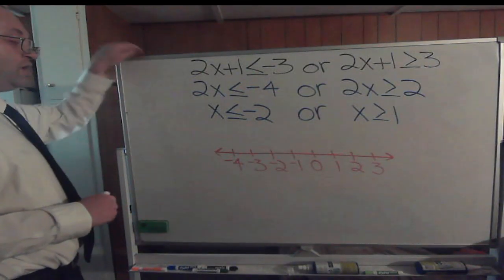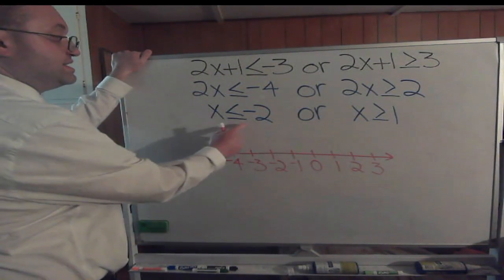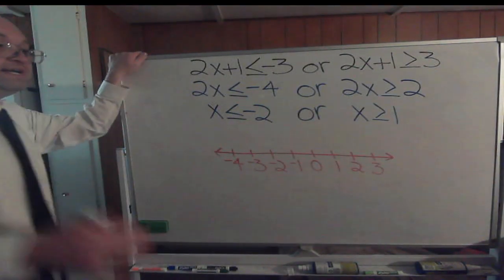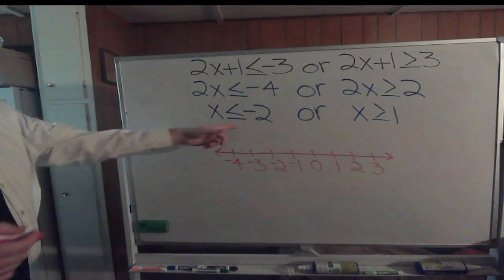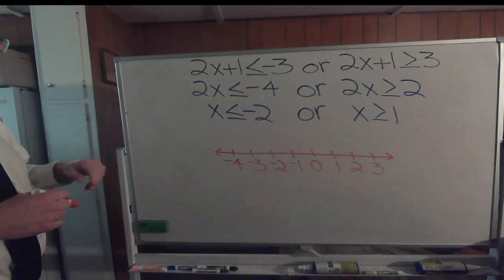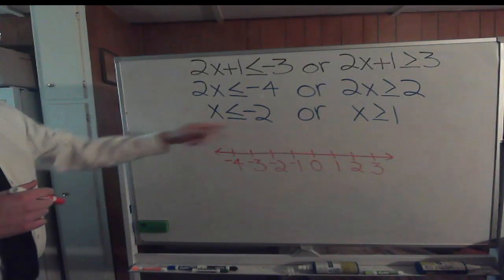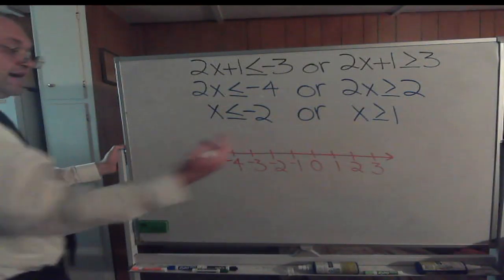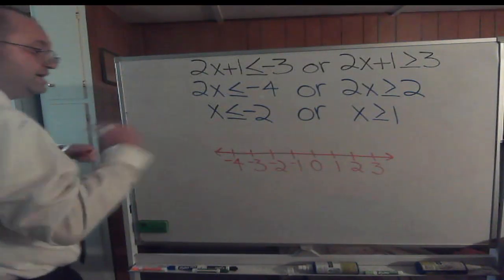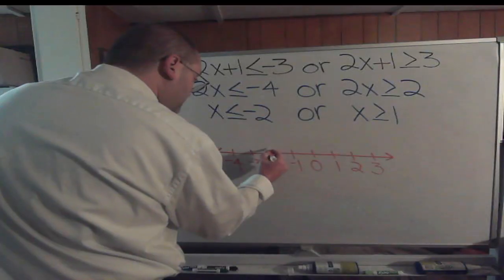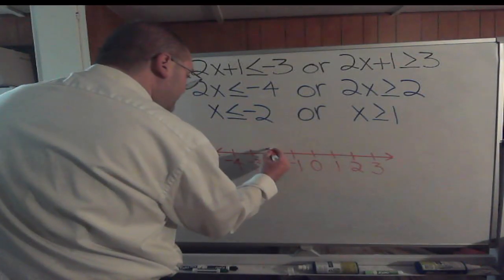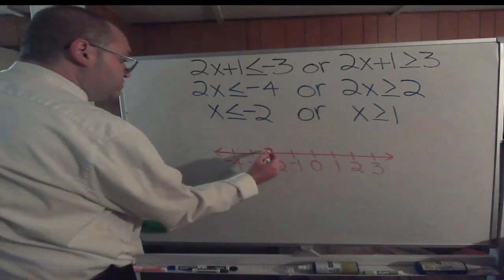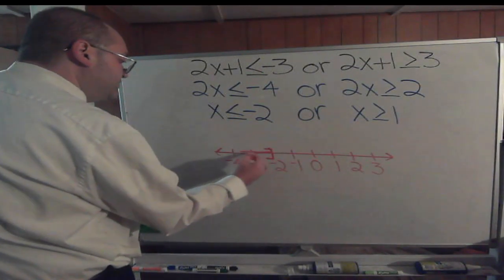Now, we'll start with x is less than or equal to negative 2. Since it has the equal component, it gets a bracket, which means we include negative 2 in the solution. Since there's the less than component, the open part of the bracket faces all numbers smaller than negative 2. Put your bracket at negative 2, then shade the entire region to the left of negative 2.